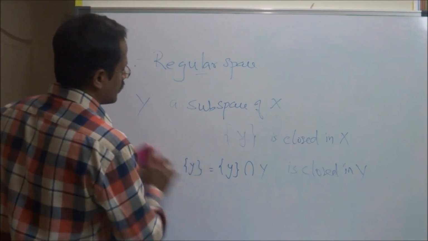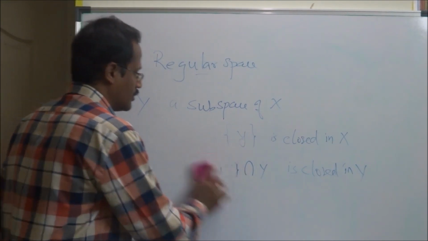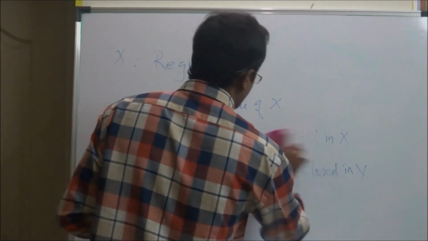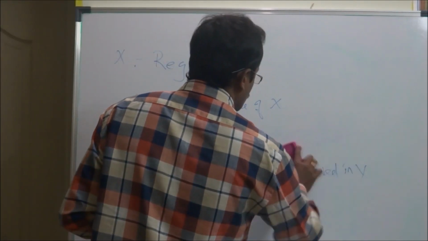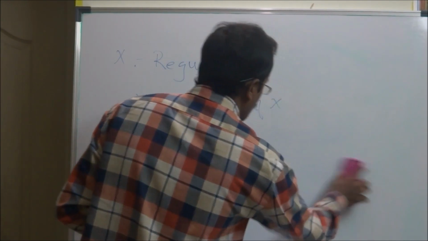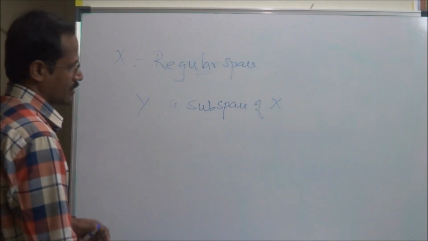What is the second one? Given any point of Y and a closed set in Y not containing the point, those two can be separated by means of disjoint open sets in Y.